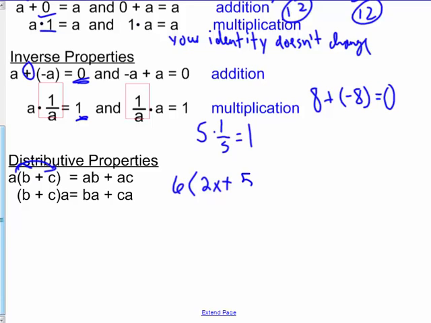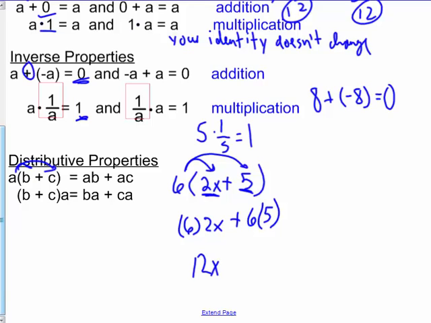If I have 6 times the quantity 2x plus 5, I have 6 groups of 2x plus 5. I could write 2x plus 5 plus 2x plus 5, and so on, 6 times. But we're going to use multiplication here. I'm going to take 6 times 2x, and 6 times 5. You don't necessarily have to write out this step; I am just showing you here. But we do get 12x plus 30.